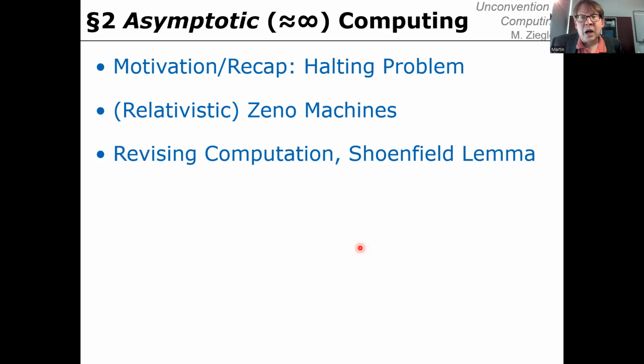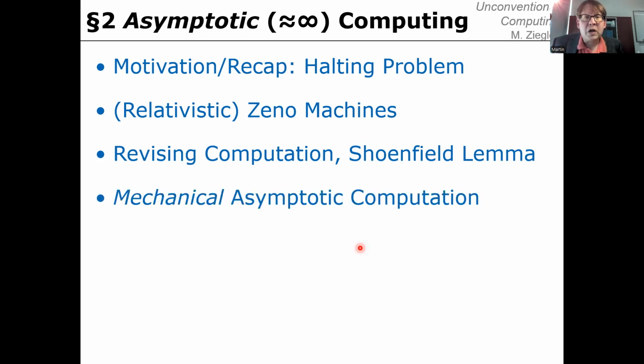I quoted you a result from Joseph Schoenfield that characterizes this computational power in the number of oracle queries to the halting oracle, which led us to discuss oracle computation using a mechanical oracle, for example, Zeno's comb as a mechanical oracle, first a finite comb, and then an infinite comb with infinitely many tines, Zeno's comb.